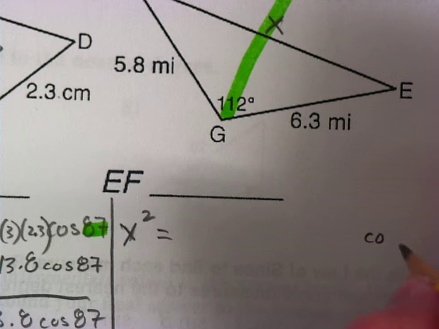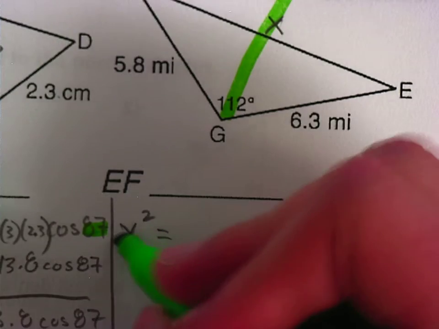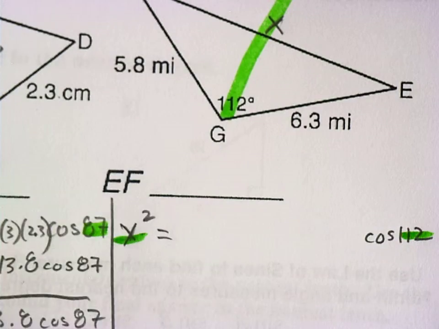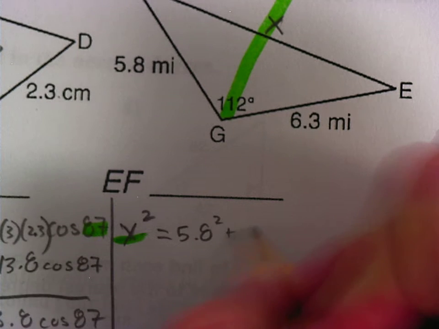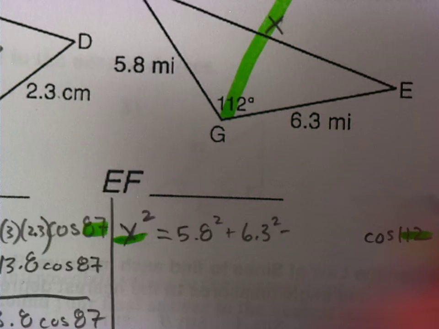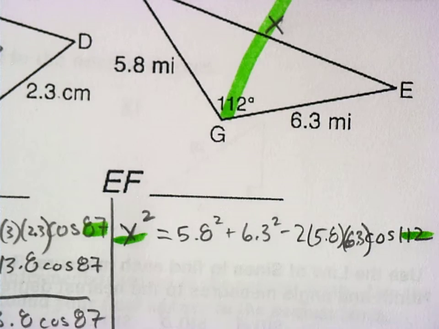And at the end, it's going to be the cosine of its angle, which is 112. So again, our pair of opposites are just going on the outside. Now we just fill in with all the other sides that we have. Minus 2 times 5.8 times 6.3 cosine of 112.